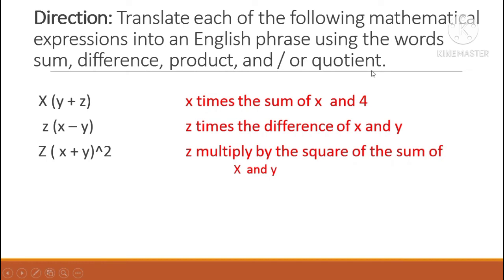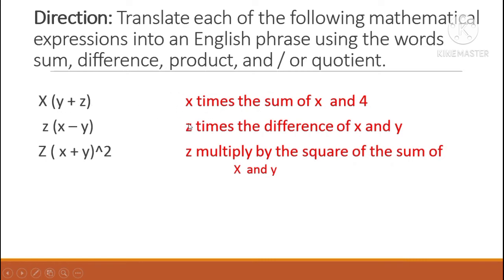So, for example, this x of y plus z, this is what we call the English phrase: x times the sum, of course the sum, of y and z.